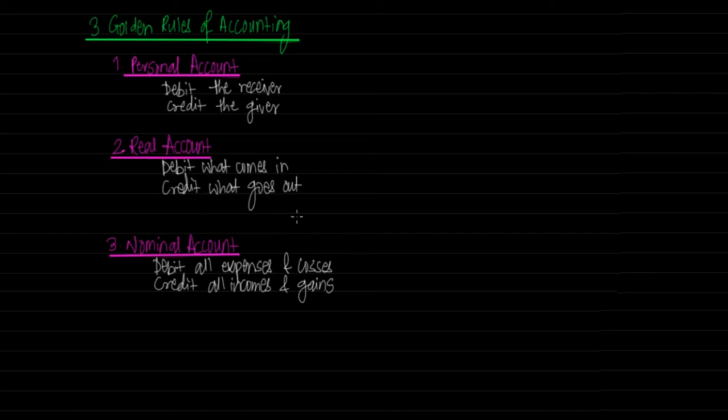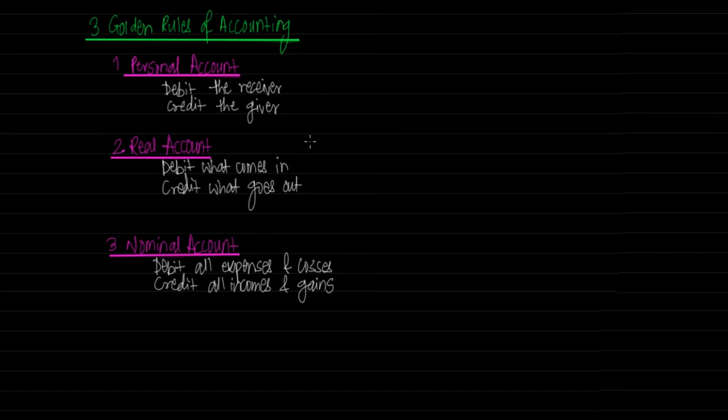If the company has sold goods to Mr. A, the accounting entry will be Mr. A debit, because Mr. A is a personal account, he is an individual, he is the receiver of the goods, so debit the receiver, Mr. A, and credit goods, as goods are going out of the business, hence goods account will be credited, which is a real account. So here we have applied the rule debit the receiver and credit what goes out.